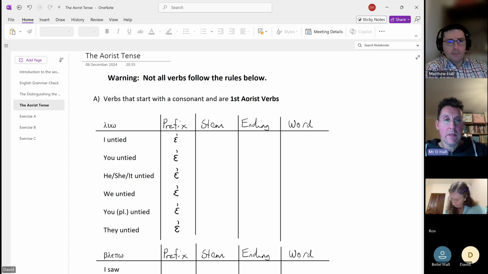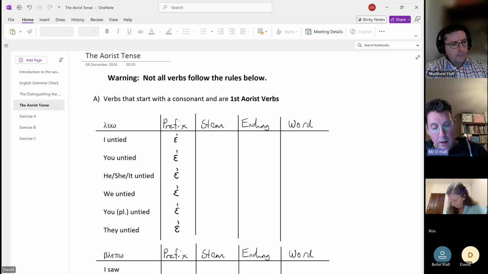That's quite a good thing to know. It's exactly the same as the imperfect. The imperfect and the aorist are both identified by the fact that there is an epsilon or some other contraction, which we have talked about, and they're the same in the aorist as well. Where necessary, the epsilon sometimes merges with another letter, a vowel, but let's not confuse ourselves with that for the moment.